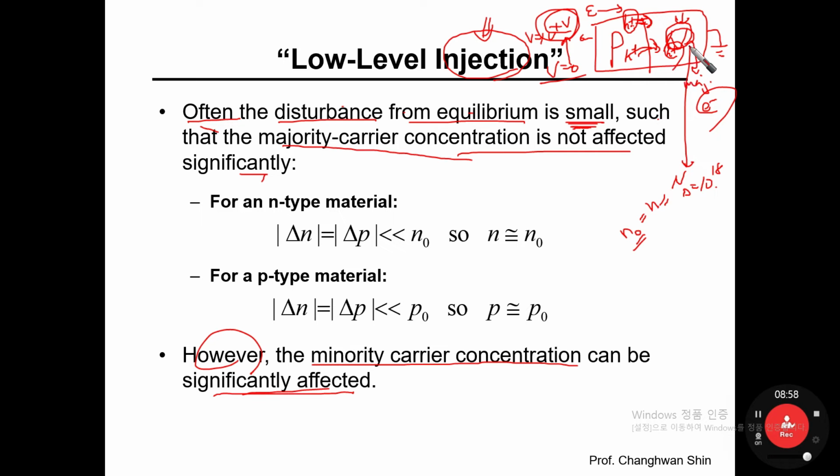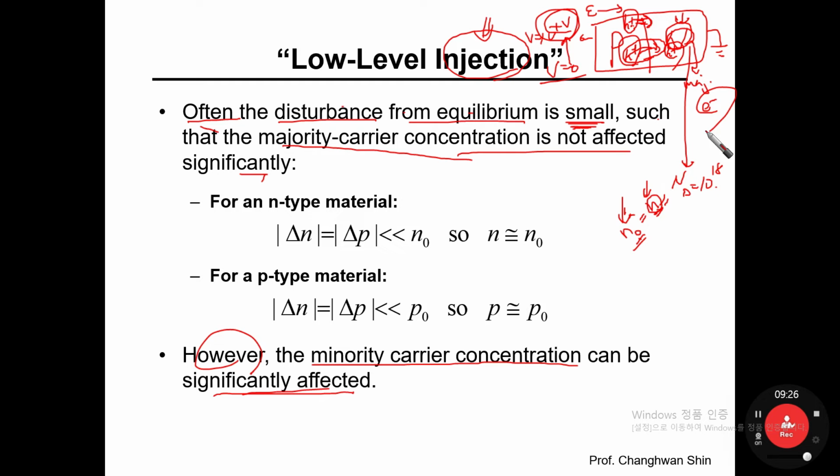But in terms of the total number of free electrons in the N-type material, I mean the N, should be equal to N naught. No matter what, the hole has been injected into the N-type material, because the number of holes injected into the N-type is too small, is negligible.